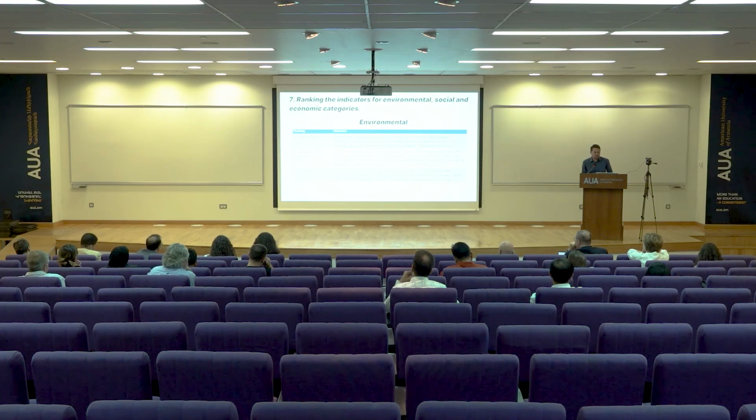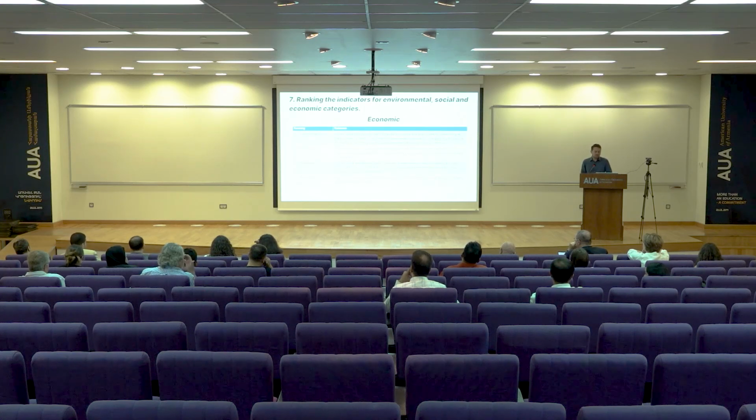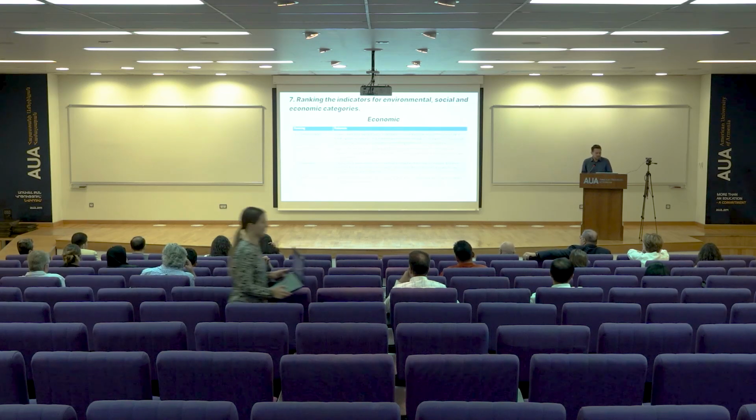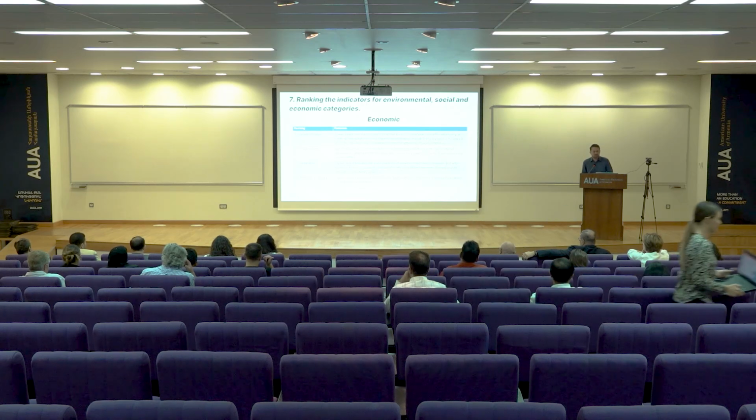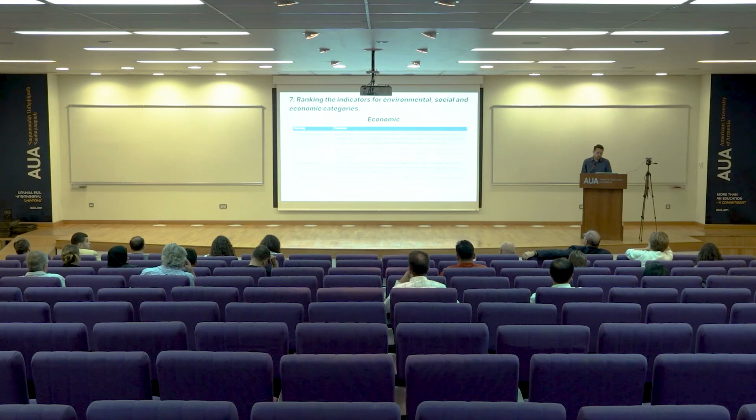So containment and immobilization are in the top 1 and 2. Removal, the last. Economic: immobilization, again, because the cost is low, lower than the others, and removal is more expensive. So immobilization is the cheapest one. So we had these for economic and social.